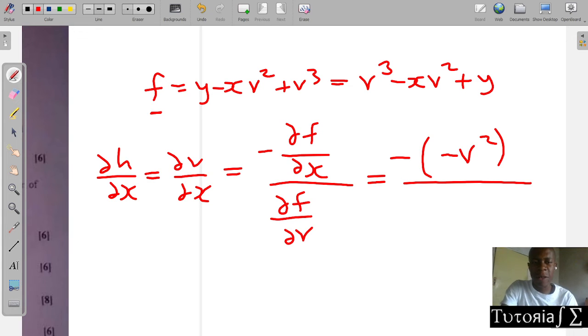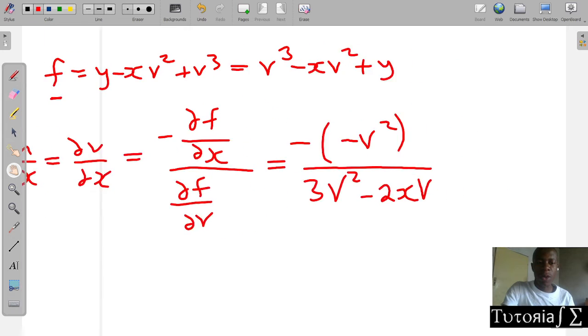I've just rearranged. So f with respect to v, that will be 3v squared minus 2xv, like that.